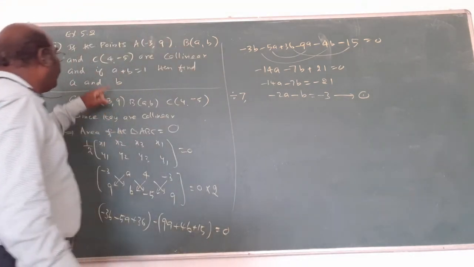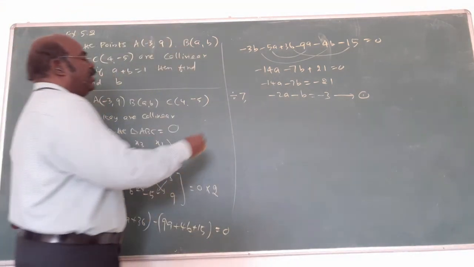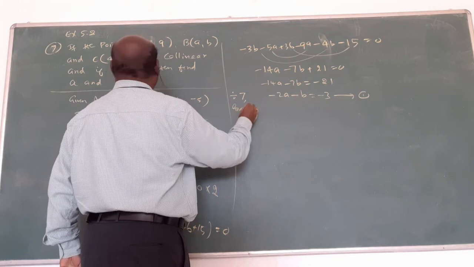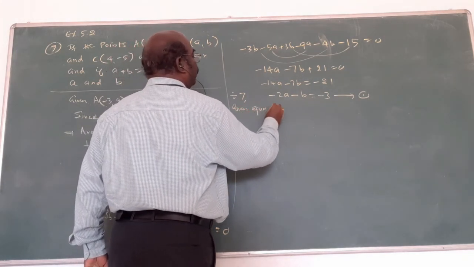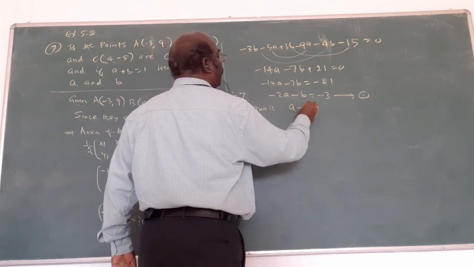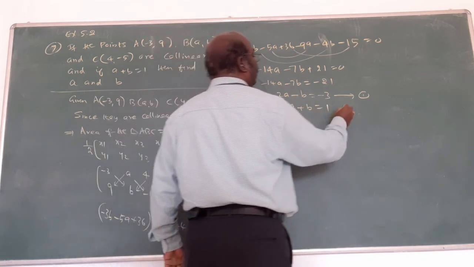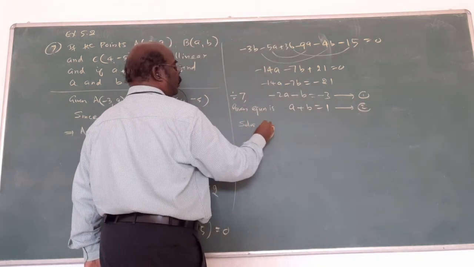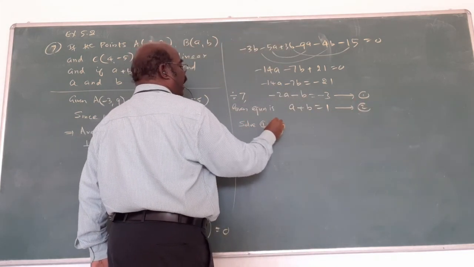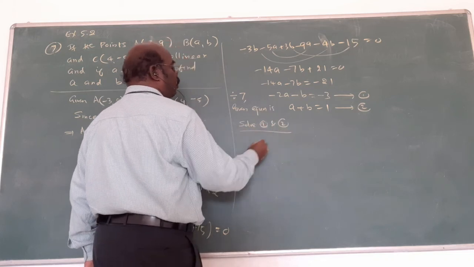Now what is already given? The given equation is a plus b equal to 1. The second equation. Solve 1 and 2, because a and b are asked. First we solve 1 and 2.